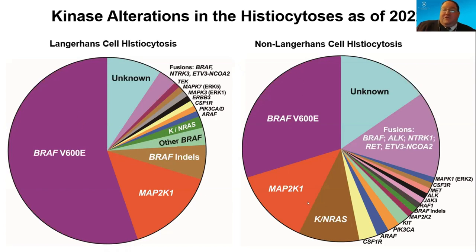The second most frequent mutation was MAP2K1, in both LCH and non-LCH neoplasms. Then you see a number of receptor tyrosine kinase mutations and fusions in the non-LCH neoplasms, with fewer seen in LCH. So over the past 10 years we established that these are definitively neoplastic conditions and not just immunological phenomena.